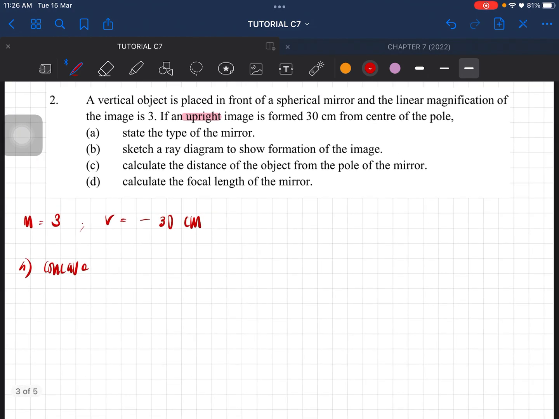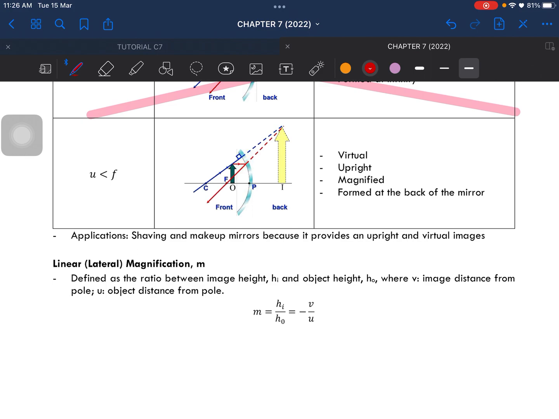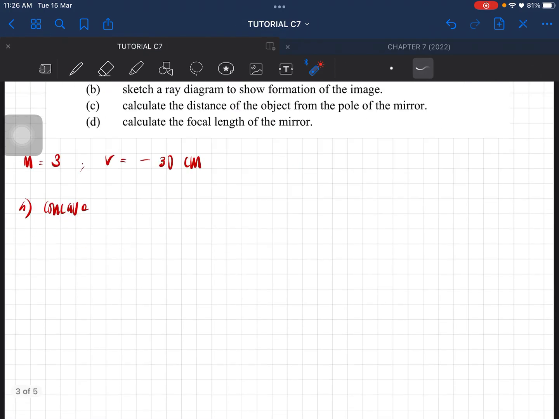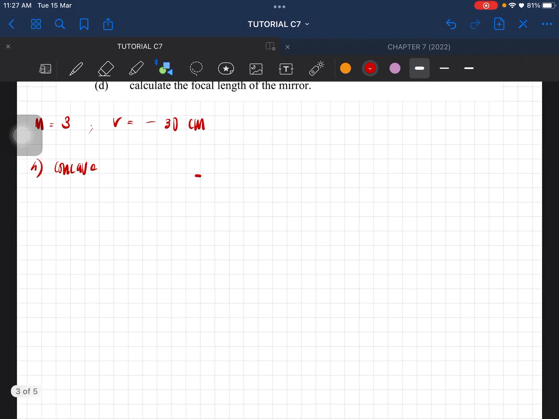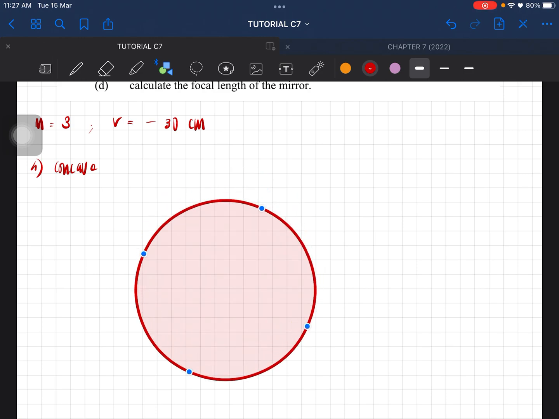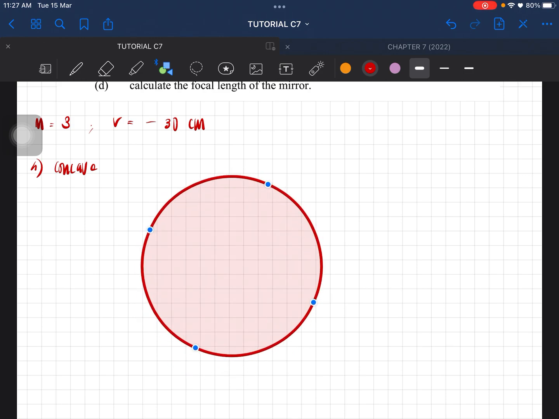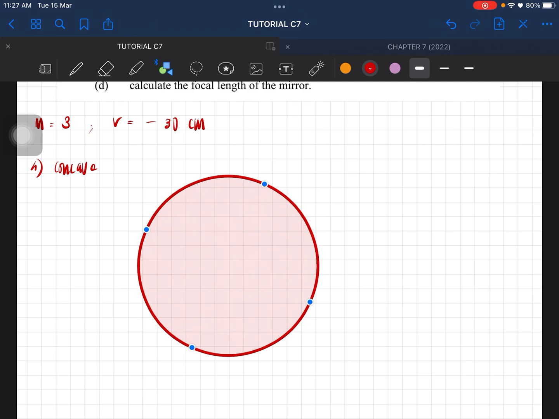Because it is a concave mirror, the image is formed behind the mirror here. Now let's draw the principal axis. Before that, let me draw a big circle so that I can find the center of curvature.